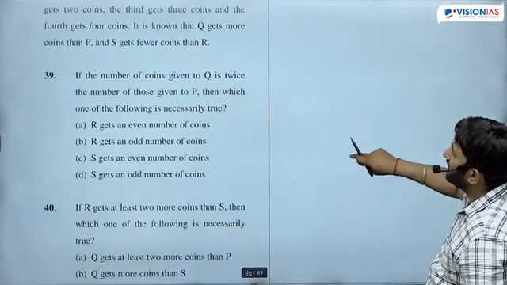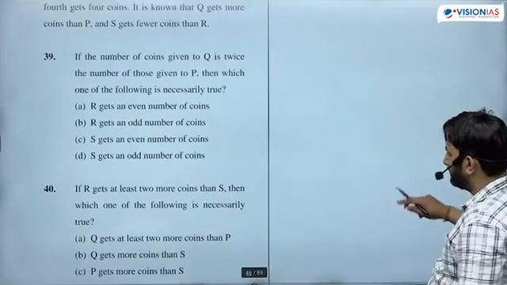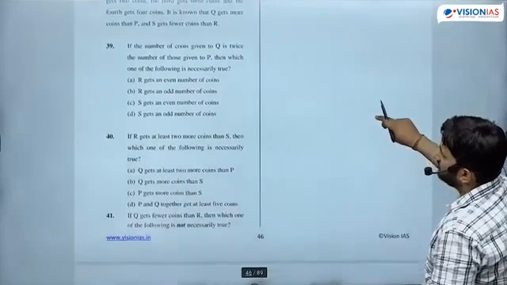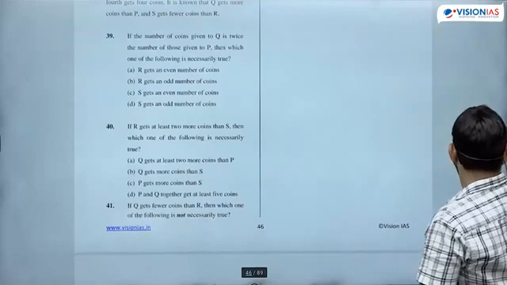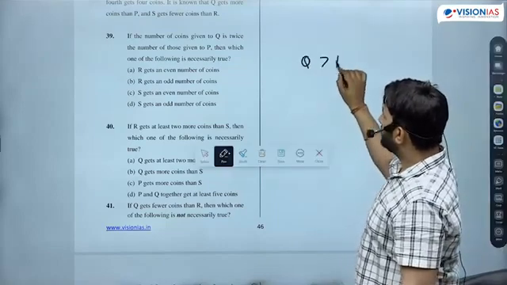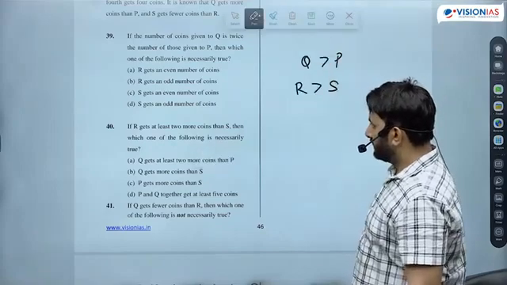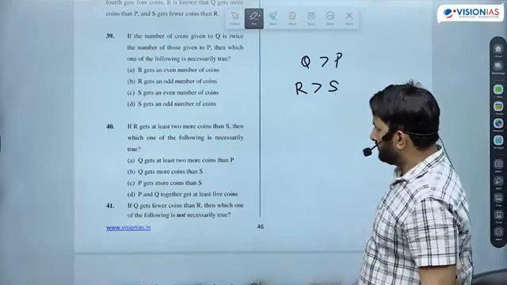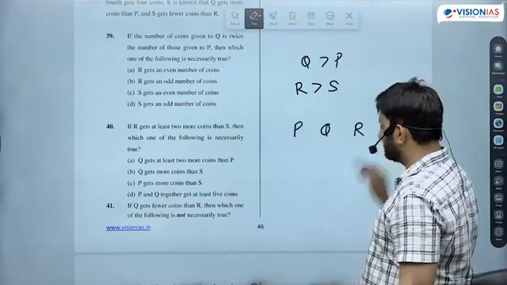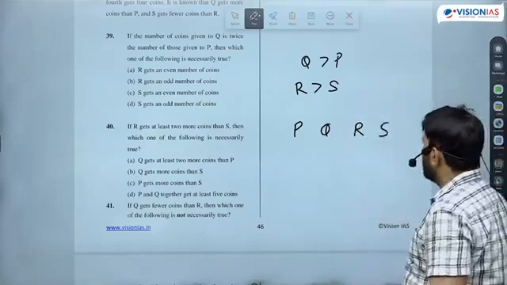Q gets more than P, S is less than R. Known that Q is more than P, S is less than R. 40th question. R gets at least 2 more than S.